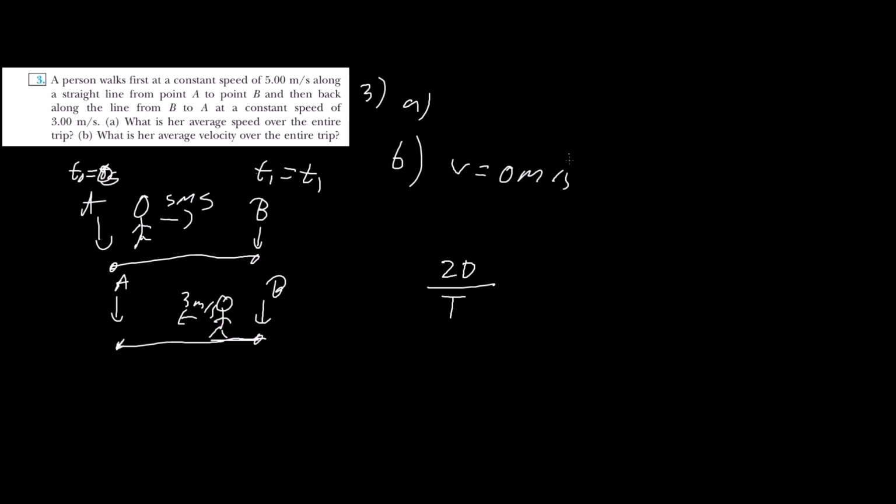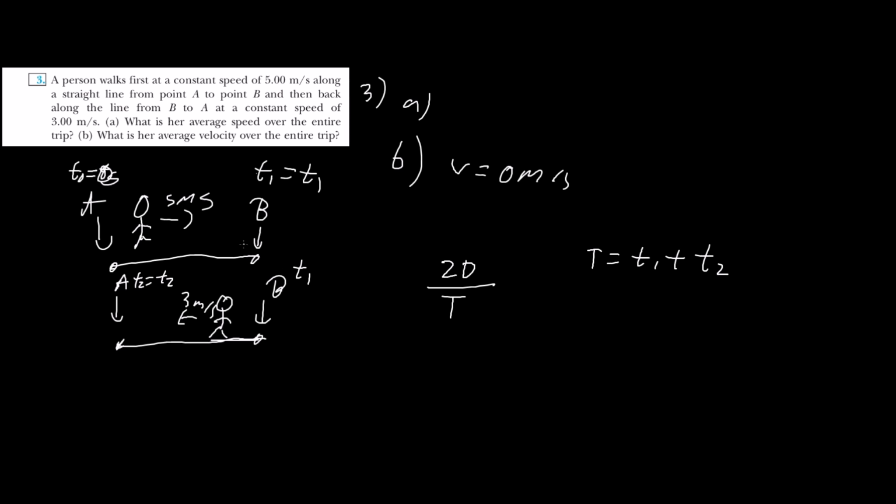So from 0 to T1 is going to be the time from A to B. So T is going to be T1 added to T2, the time from B back to A.